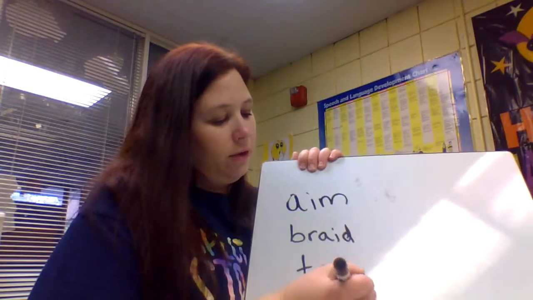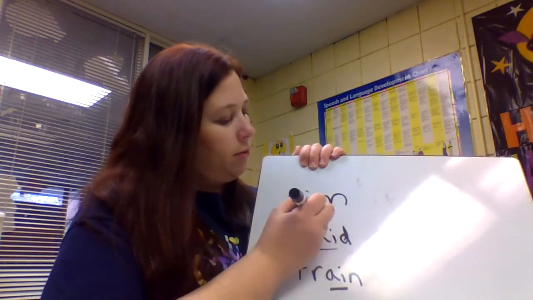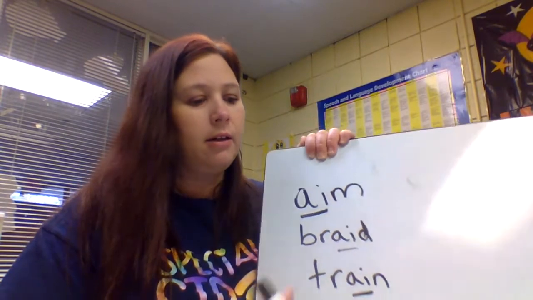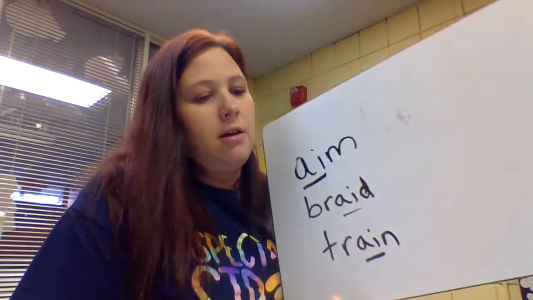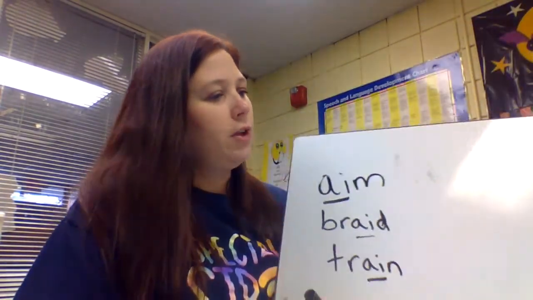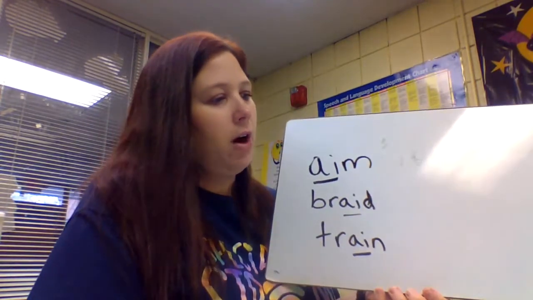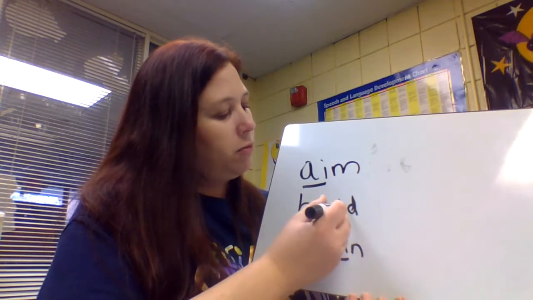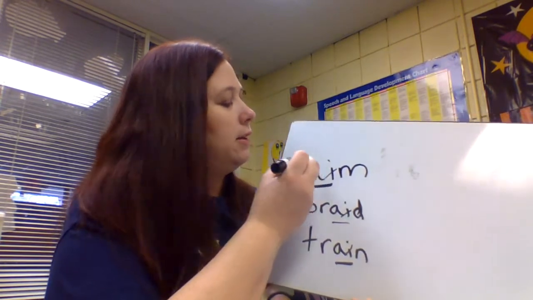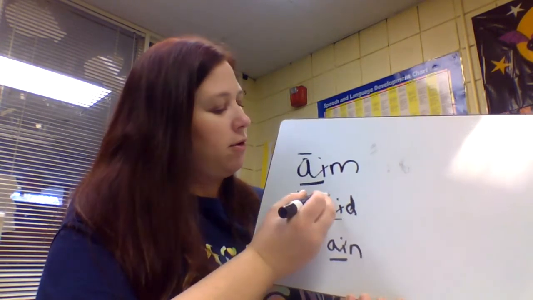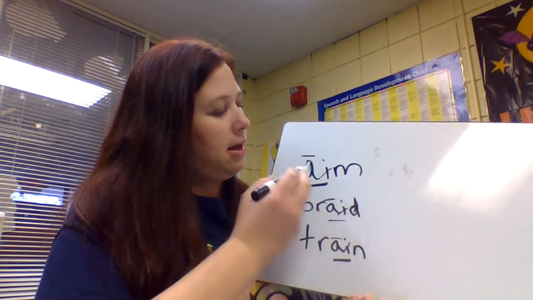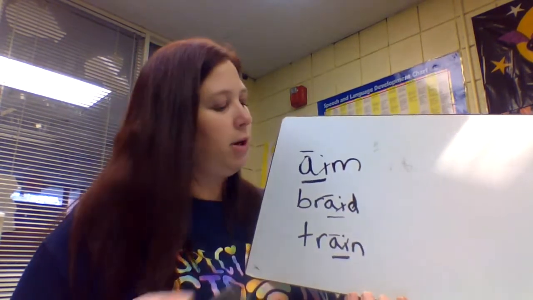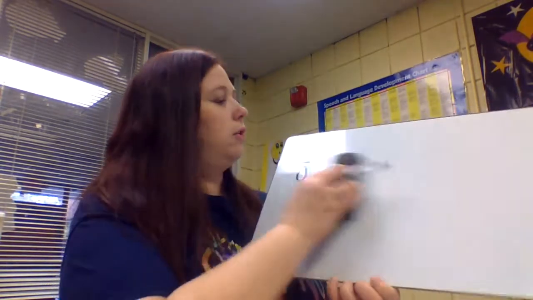So A-I is our new digraph, which we'll always underline when we code. We're going to underline them because it's a digraph. And then we're going to cross out the I when we're coding because the I doesn't say anything. It just makes the A get a macron and say its name. Aim, braid, train.